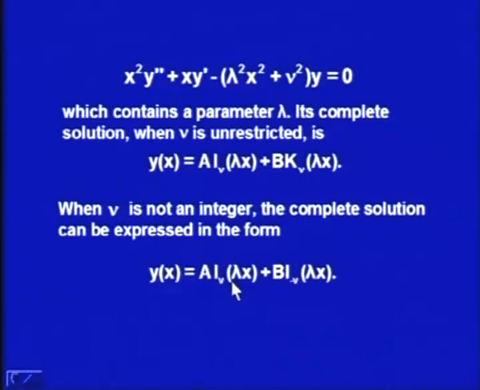So, modified Bessel's equation is a particular case of this equation for lambda equal to 1, whose solutions are given for all values of nu by y(x) equal to a times I nu (lambda x) plus b times K nu (lambda x), and when nu is not an integer by y(x) equal to a times I nu (lambda x) plus b times I minus nu (lambda x).